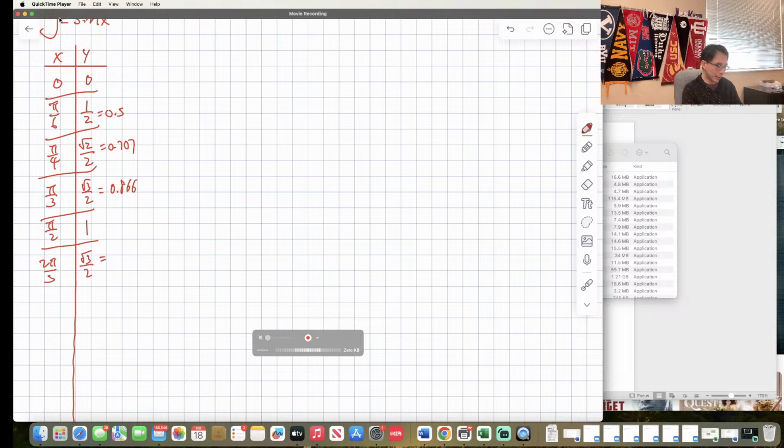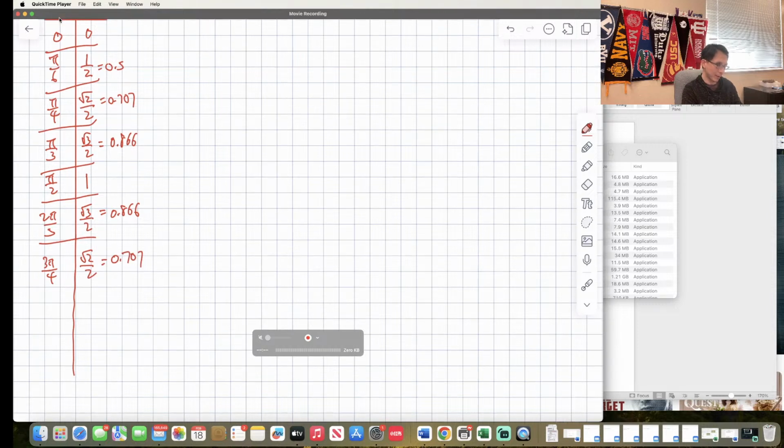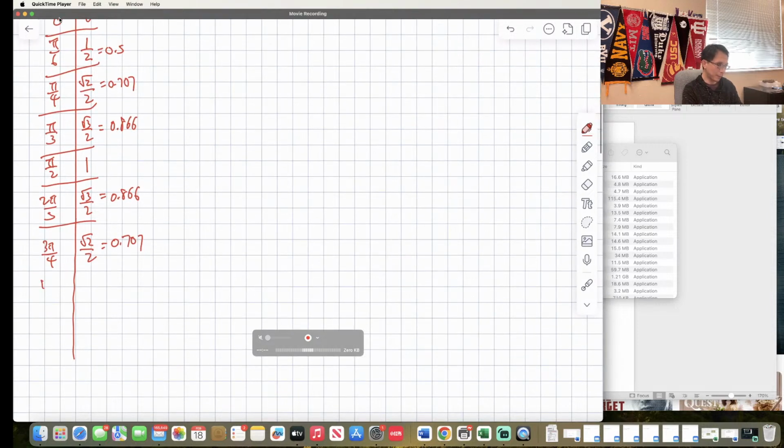Square root 3 over 2, roughly 0.866. Plug in 3 pi over 4: square root 2 over 2, 0.707. If I plug in 5 pi over 6, what happens? 1/2, so that's equal to 0.5.